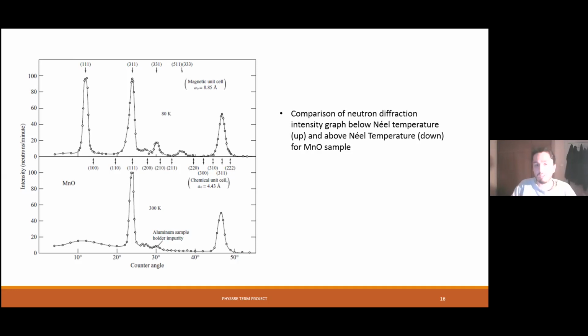But when we bring it under the Néel temperature, there are two different lattice sites and two different spin states, one up and one down, which have an antiferromagnetic structure, and they're scattering in two different directions. So I have two different direction peaks in the measurement.